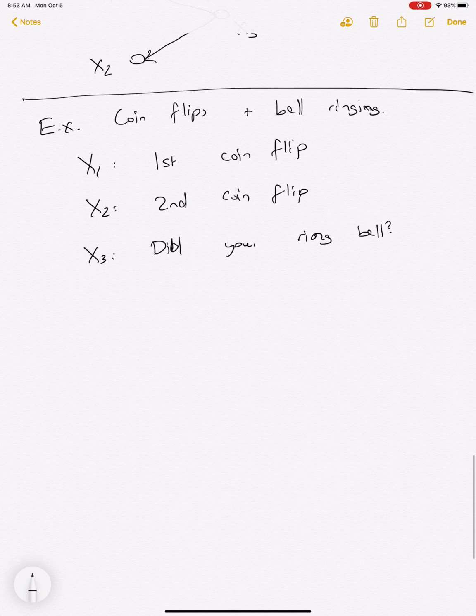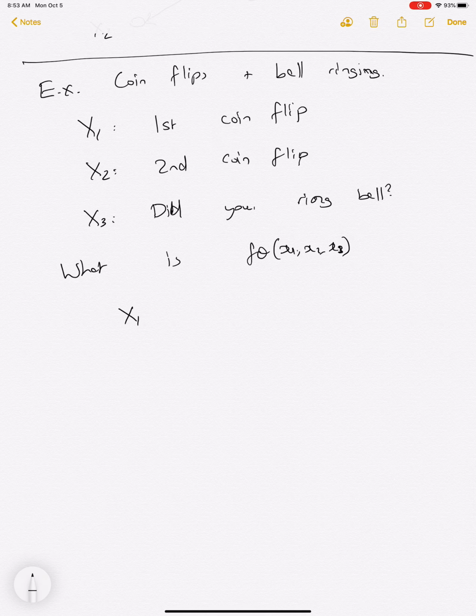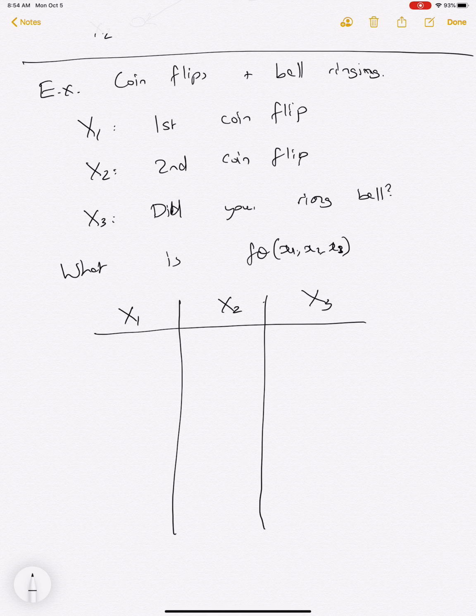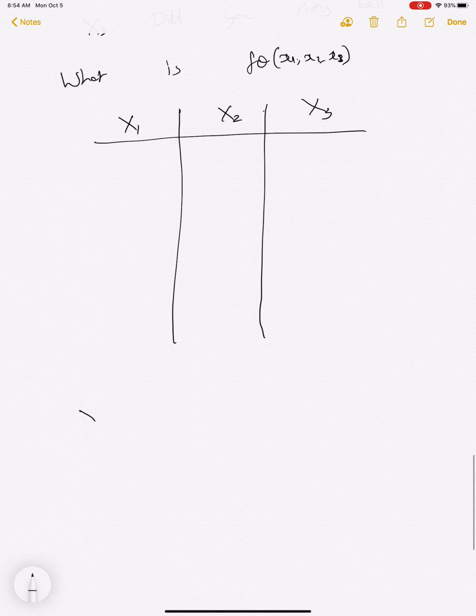Remember that all of these are binary, so I can actually just write out f theta of x1. There's no theta explicitly in this case, but we'll see that there will be shortly. This is because it's a very simple example. You can express this easily in a table, because there are only 3 variables that are binary, so there are 8 possibilities. I'm going to say 1 denotes head, and 0 denotes tail.